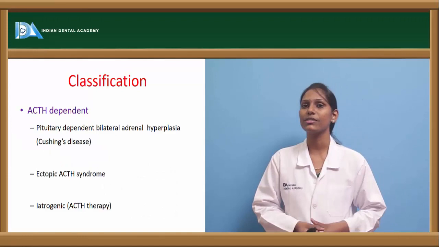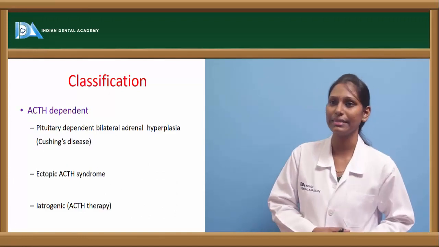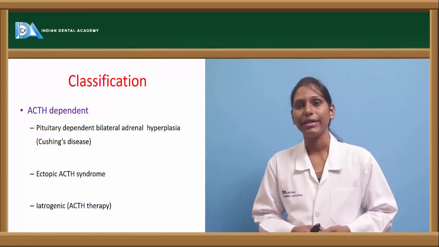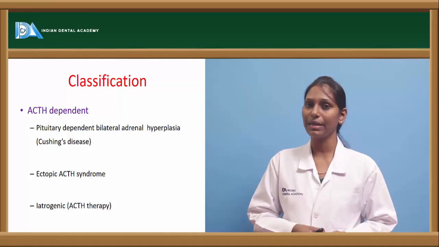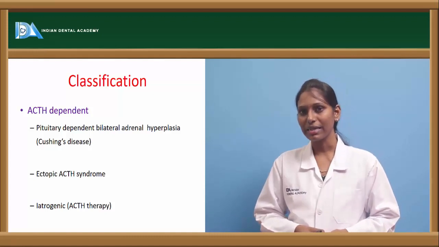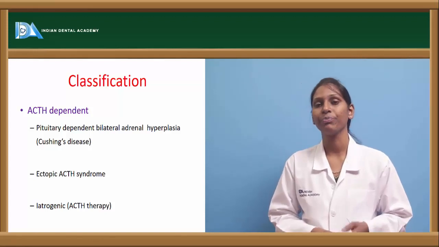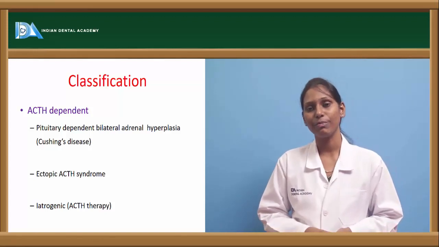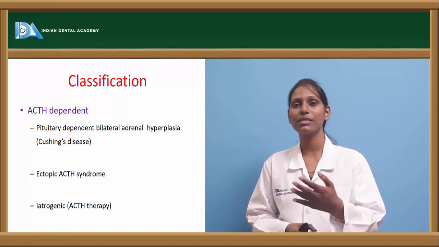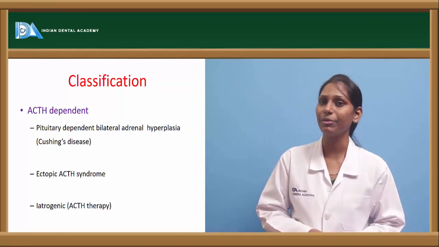So coming back to Cushing syndrome, how can this be classified, how can hyperadrenocorticism be classified? It can be grossly classified as ACTH dependent or non-ACTH dependent. When you are talking about ACTH dependent, as we already know, ACTH is secreted by the anterior pituitary.